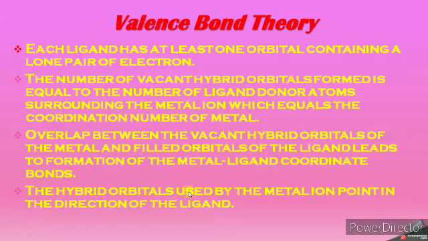Then the hybrid orbitals used for the metal ion point in the direction of ligand. Here the word hybrid orbital is used, that means the central metal atom undergoes a process of hybridization, where atomic orbitals undergo hybridization, and newly produced orbitals are called hybrid orbitals.